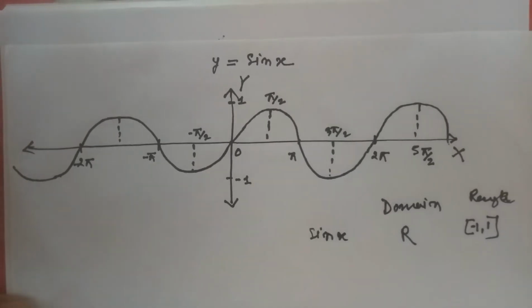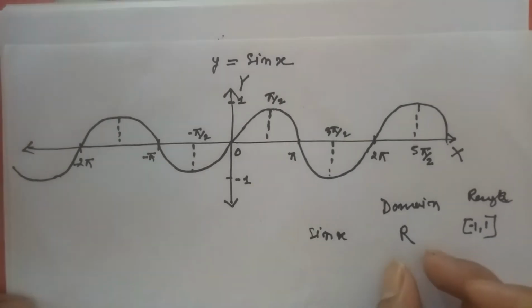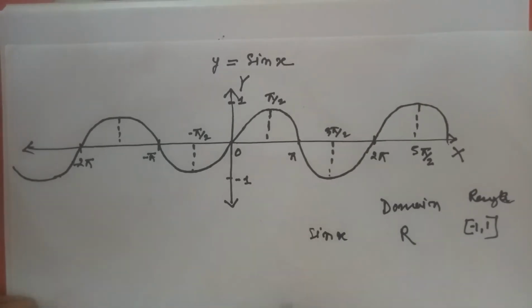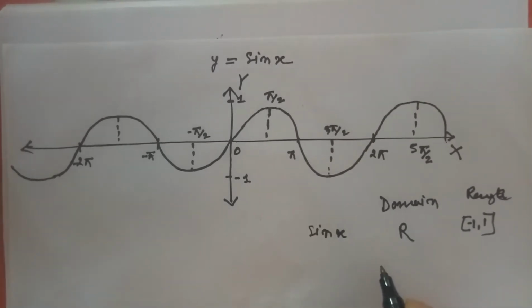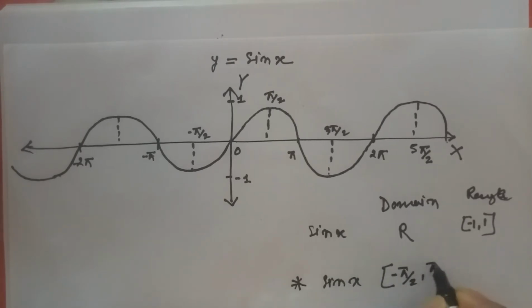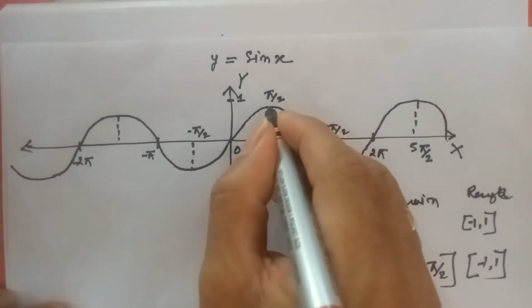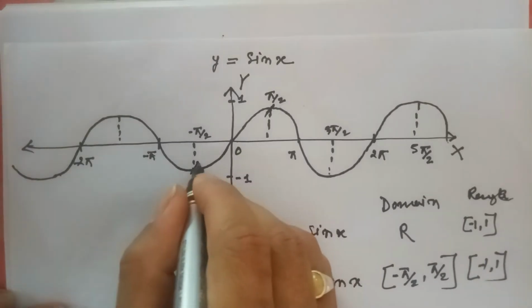So we restrict our domain for making the inverse. After restriction we take the domain x from minus pi by 2 to pi by 2. Then the range is the same, minus 1 to 1.